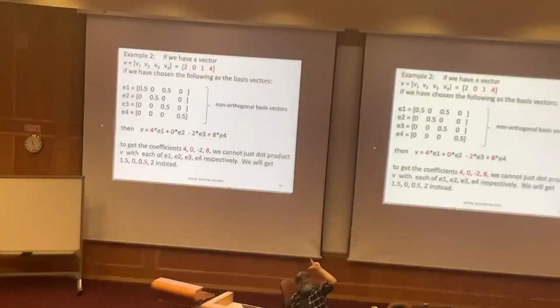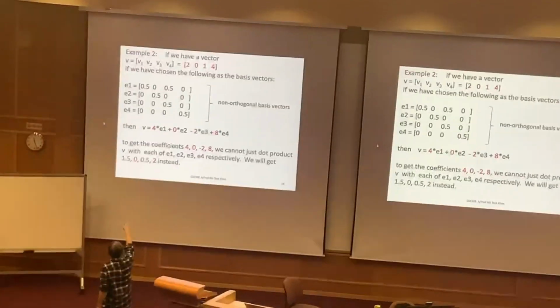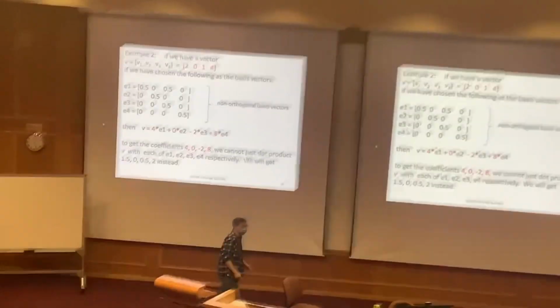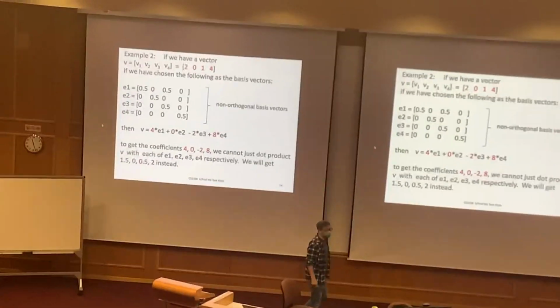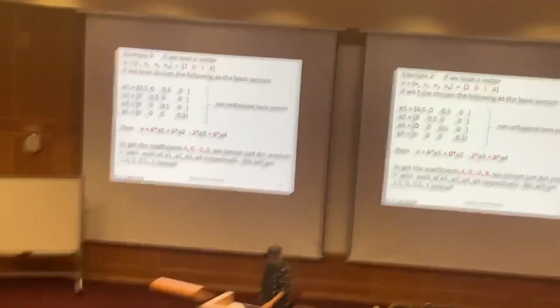And this is the property I want to use. So when you have E1 and E2, dot product, what do you get? Zero, right? E1 and E2 dot product with each other is 0.5 times 0 plus 0. Multiply, and sum them all together, you get 0.